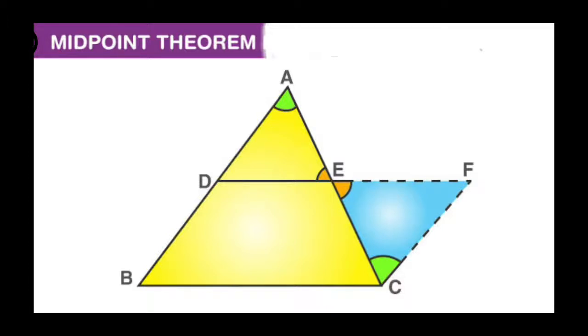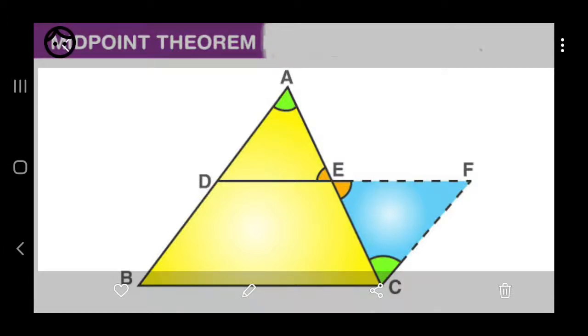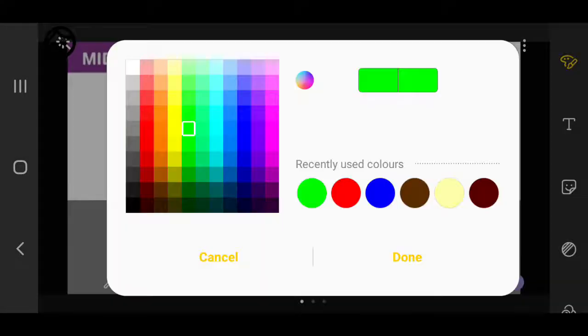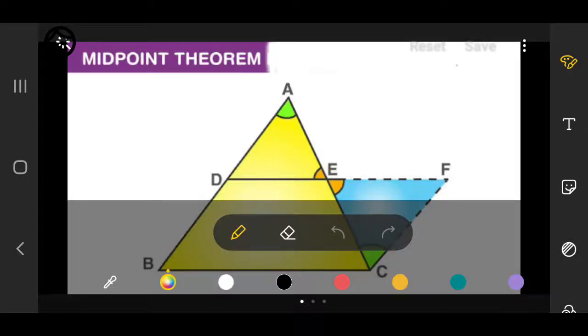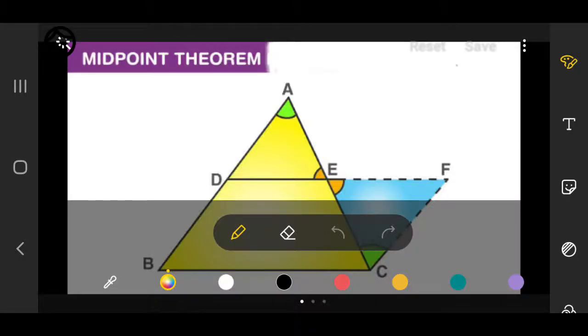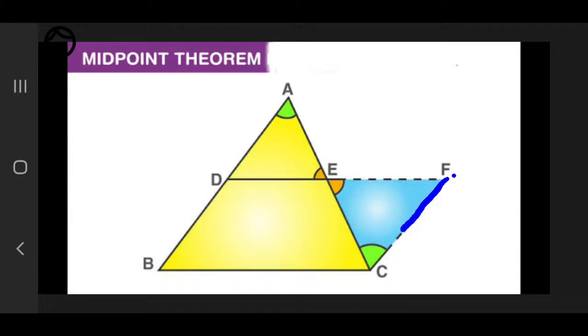This side CF, listen. CF is parallel to AB.